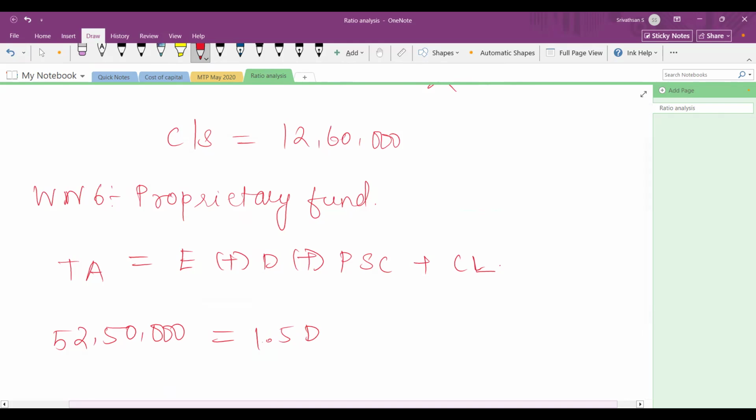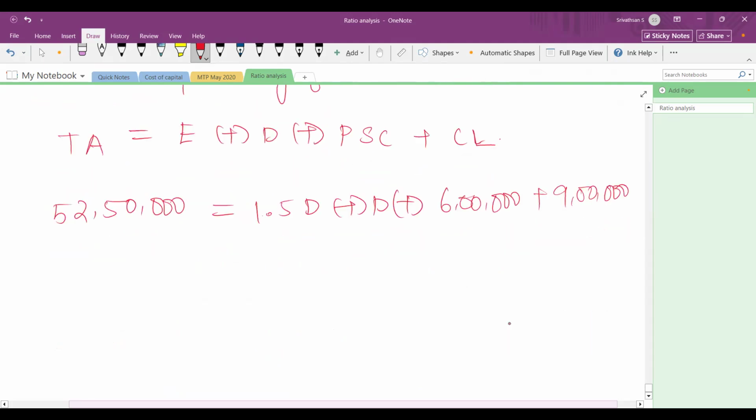Plus debt, plus preference share capital given in the question, 6 lakh, plus current liability, 9 lakh we calculated. Now calculate the value of debt. How much are you getting? So 15 lakh goes here. We get 37 lakh 50,000 divided by 2.5. How much? 15 lakhs.